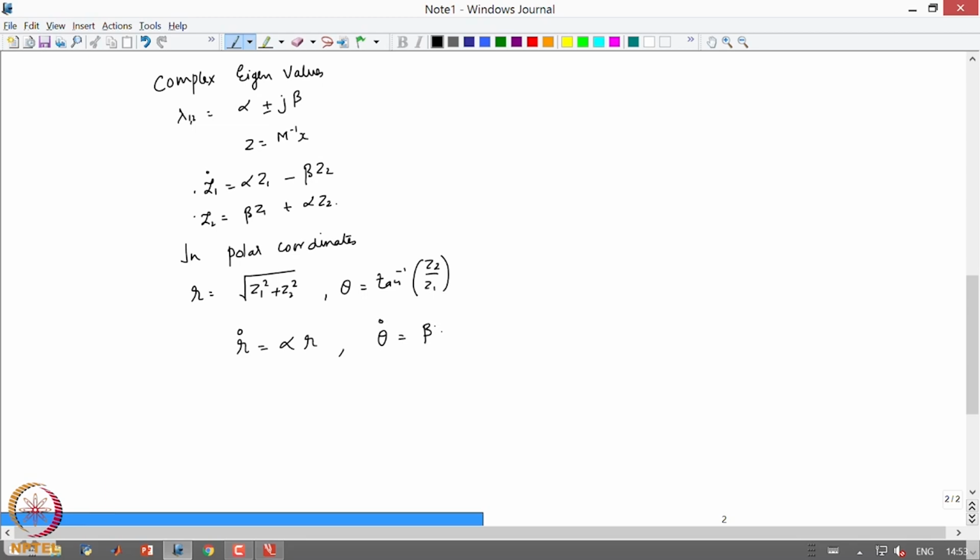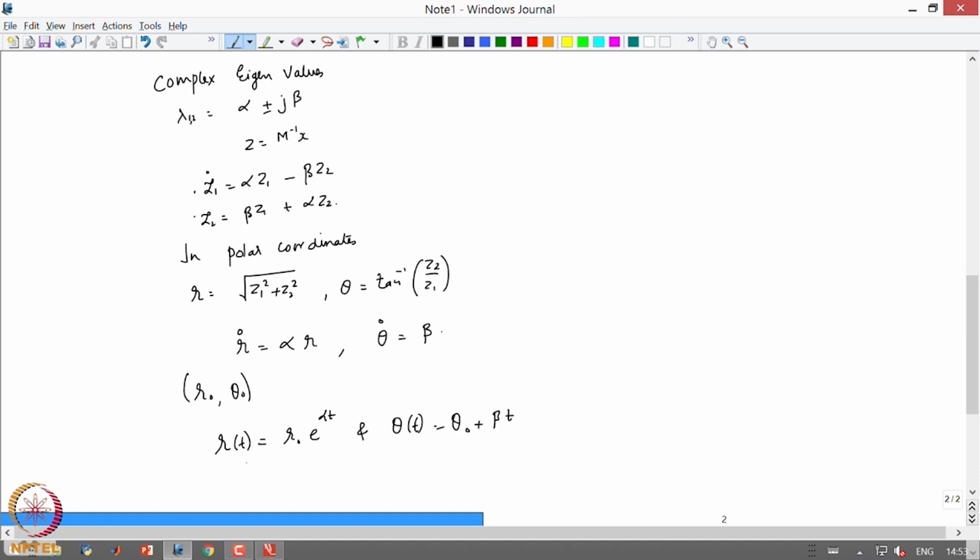Okay. So, for a given initial state r 0 and theta 0, the solutions are of the form r of t is r 0 e power alpha t and theta of t is theta naught plus beta t.